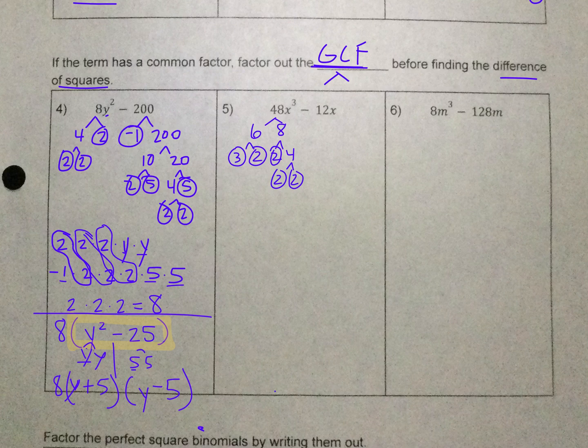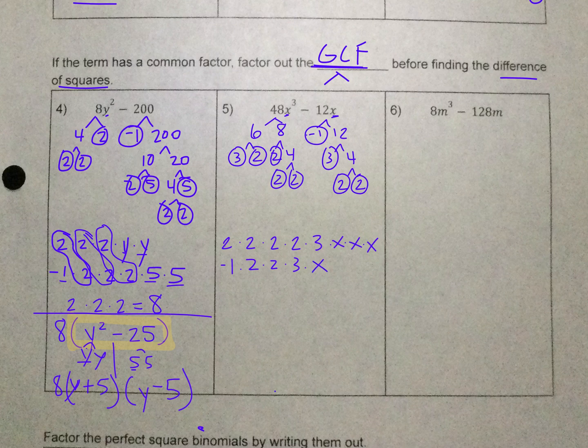I'm going to list them in order: 2, 2, 2, 2, 3, and then x times 3, so 1, 2, 3. All right, let's do this one. Negative 1 and 12, 3 and 4, 2 and 2. So negative 1, 2, 2, 3, and there is an x up there.